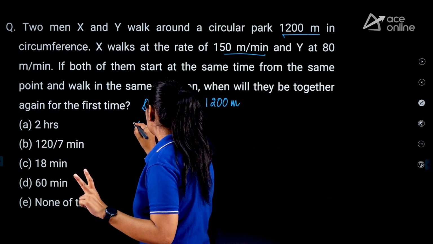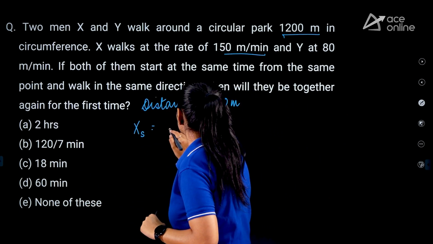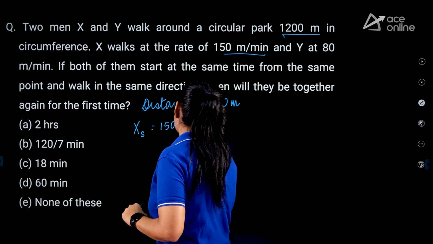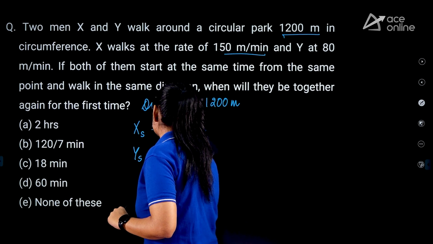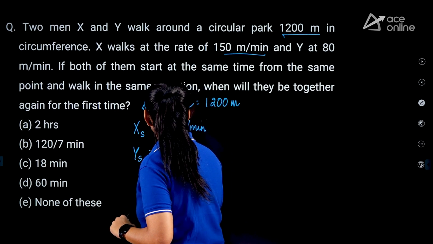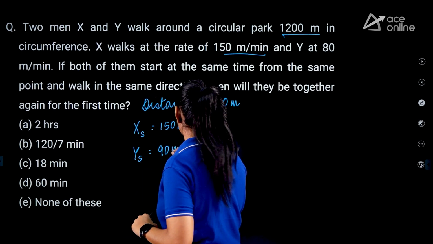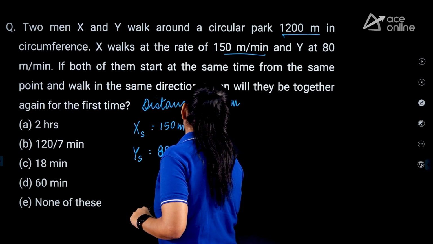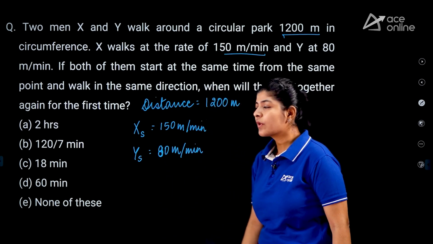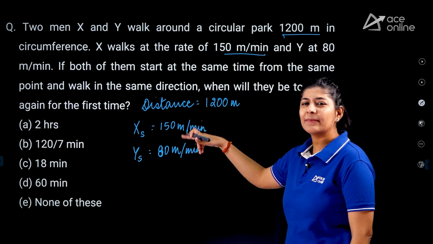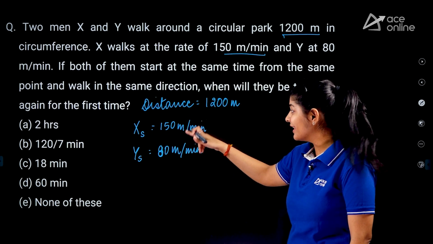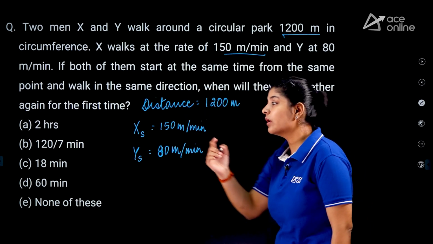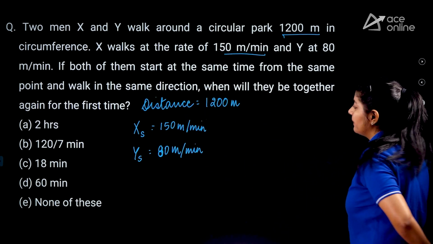The speed of X is nothing but 150 meters per minute, and the speed of Y is nothing but 80 meters per minute, right? These are the speeds. So with the help of this, can we find out the time which they require to cover a circle, a complete round? So first we will find out those particular values.